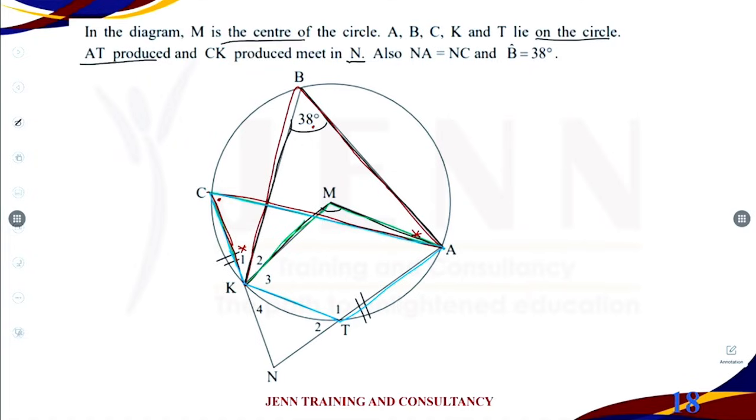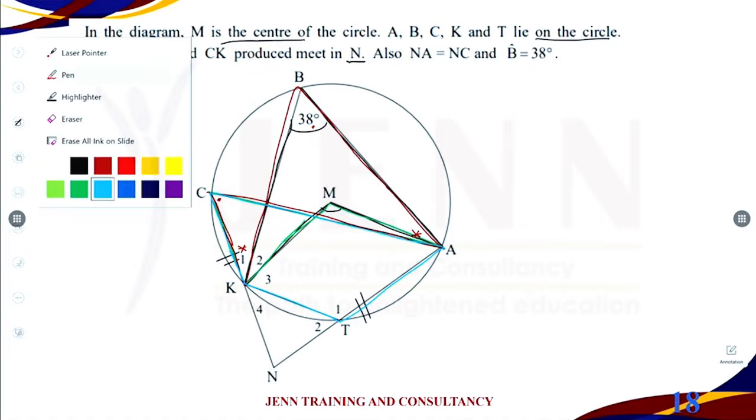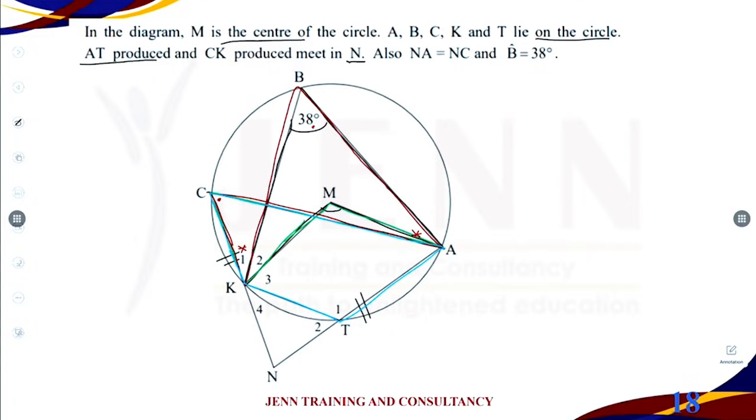And I have another cyclic quadrilateral, B, K, N, A. It is also a cyclic quadrilateral. All 4 vertices are at the circumference. So as you are busy finding out what is happening with your diagram, you are also making notes. Then that is when you will have your tools ready.